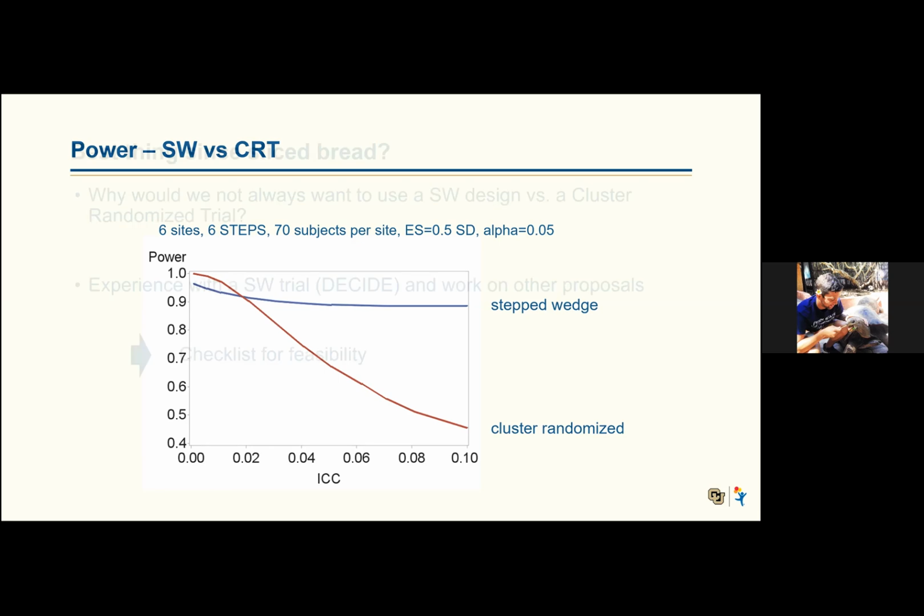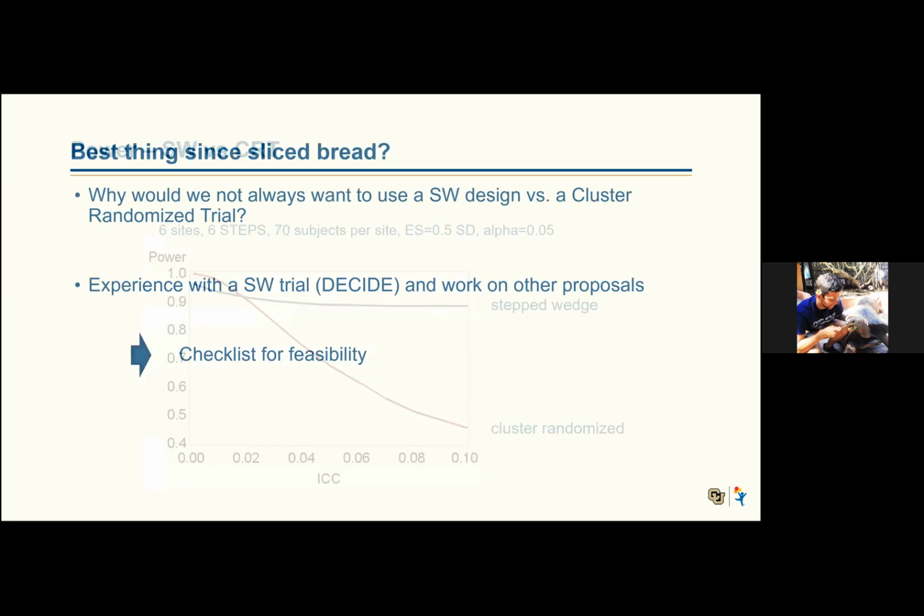So is this the best thing since sliced bread? You know, why wouldn't we always use a stepped wedge design versus a cluster randomized trial? And so the rest of the presentation is really going to talk about my experience with a stepped wedge trial and work on other projects that led me to develop a checklist for feasibility.